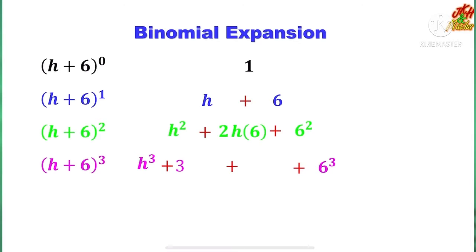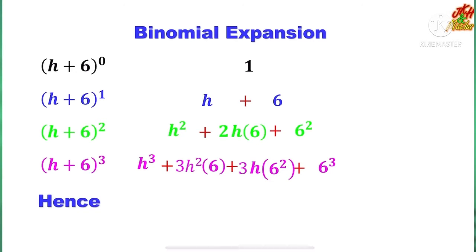So h with the highest power is h square, and 6 with the highest power is 6 to the power of 1. Then for the third term, we refer to the third and second term on the previous line, where the coefficients are 2 and 1, so we add and become 3. The highest power of h is h to the power of 1, and the highest power of 6 is 6 square.